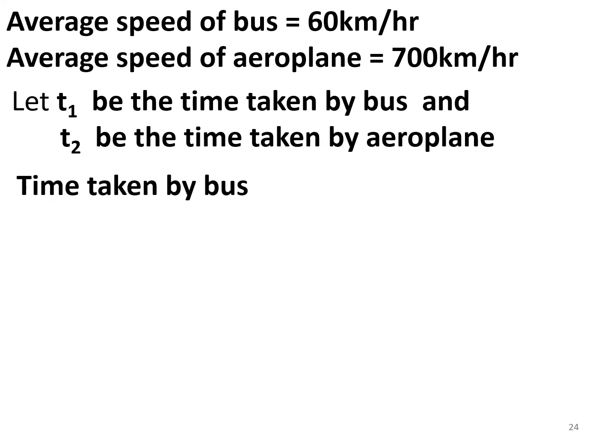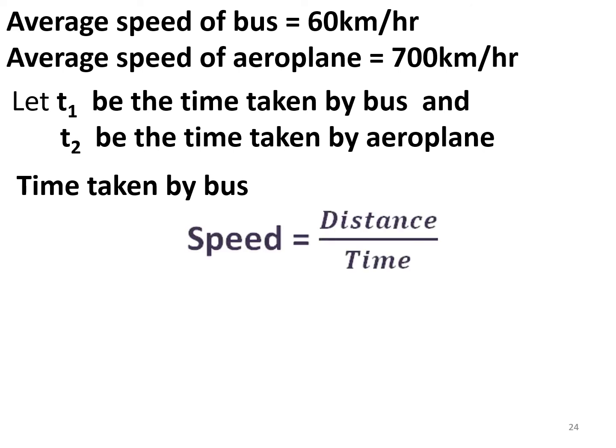So first we will find out the time taken by the bus by using the speed formula. Speed is equal to distance upon time. We know the speed of the bus is 60 kilometer, distance was given as x, and time taken is t1.